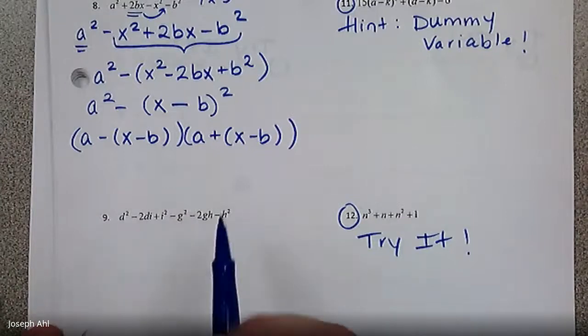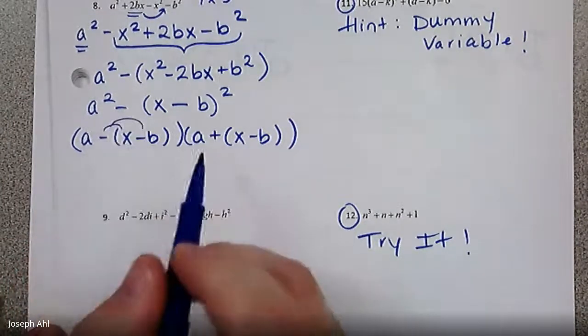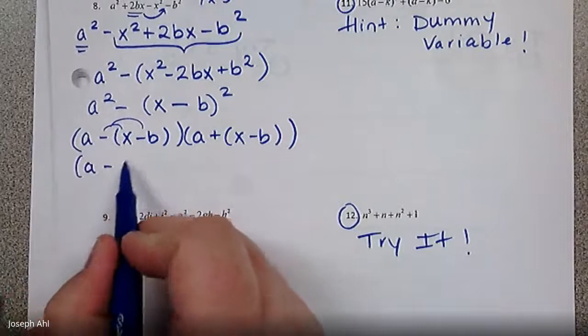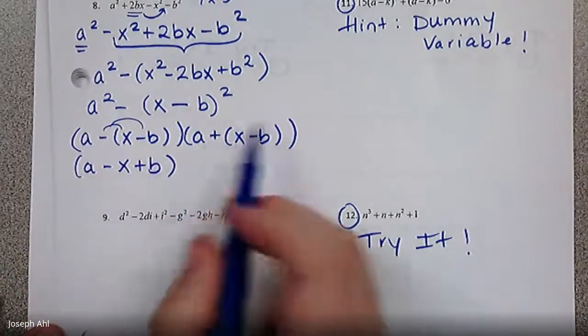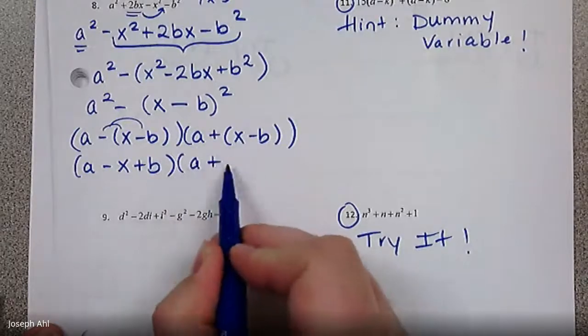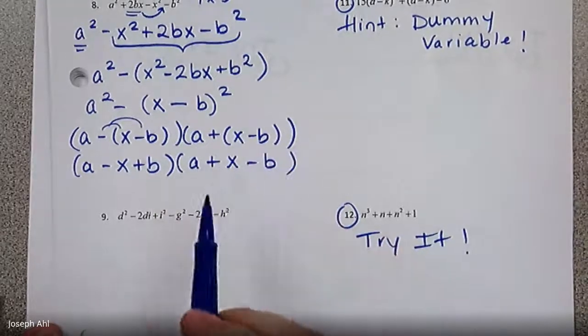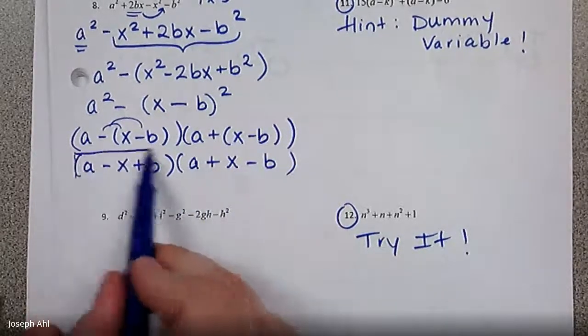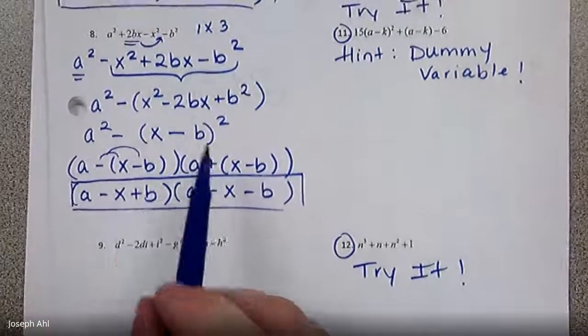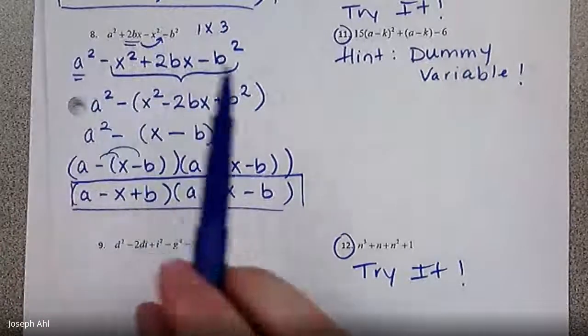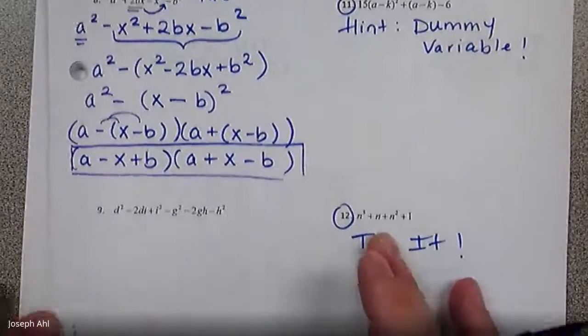It's really easy to lose sight of that. So if you distribute that negative in, you would get a minus x plus b. Over here, you don't really have to distribute a positive. You can just drop those parentheses and leave it as a plus x minus b. And now this is a factored expression. It's written as a product. But these take a little longer to get used to. So with a little bit more practice, I think we'll get there.